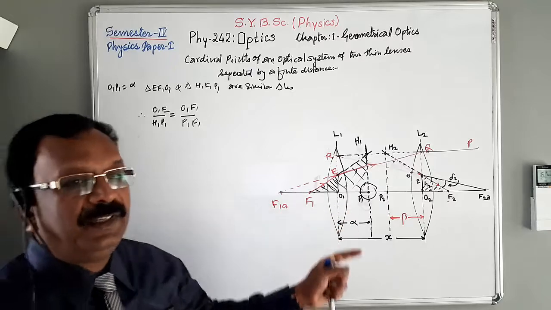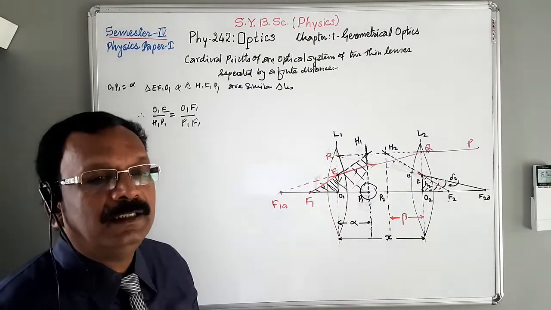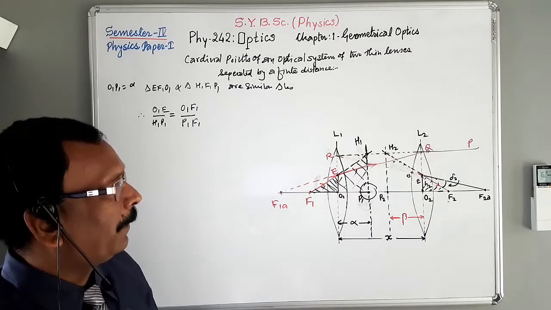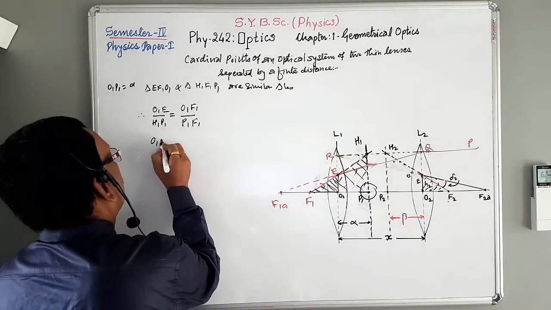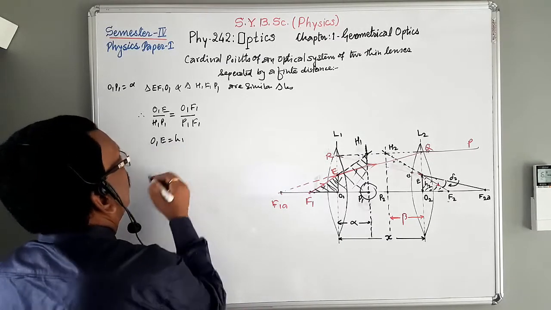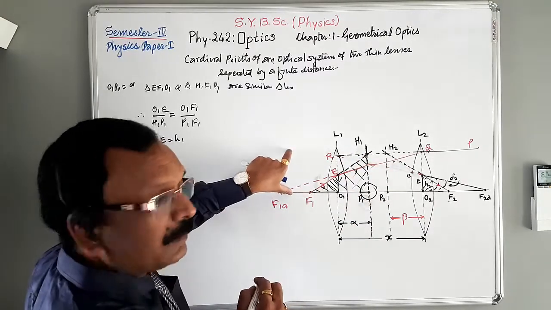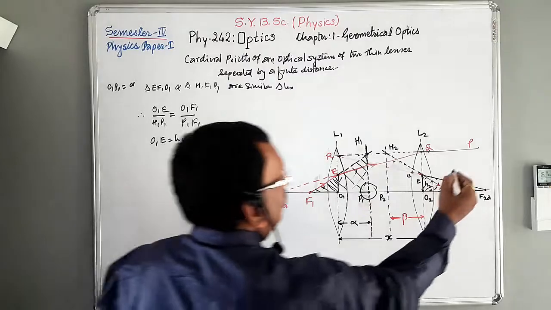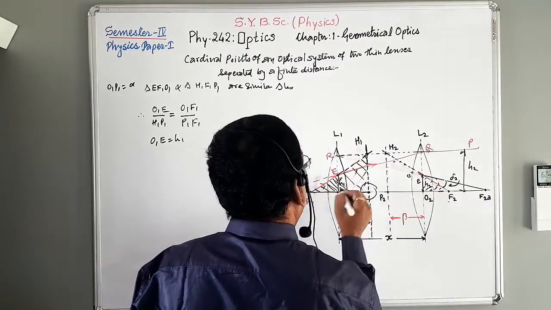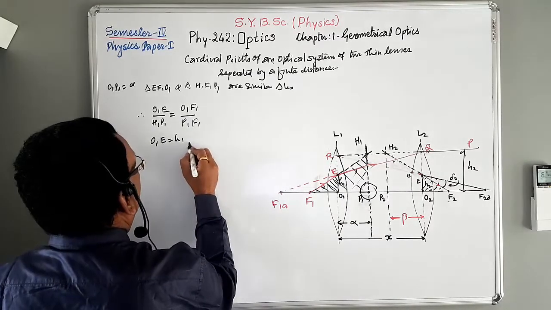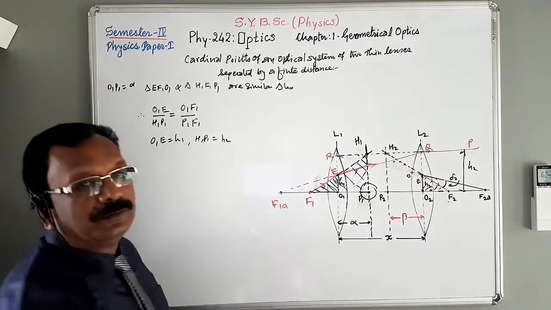Now in this figure, what is O1E? O1E is H1. And what is H1P1? This distance is H2, and this is H1. So H1P1 is equal to H2.